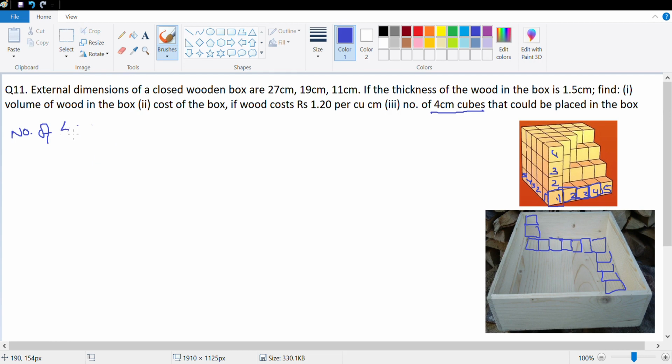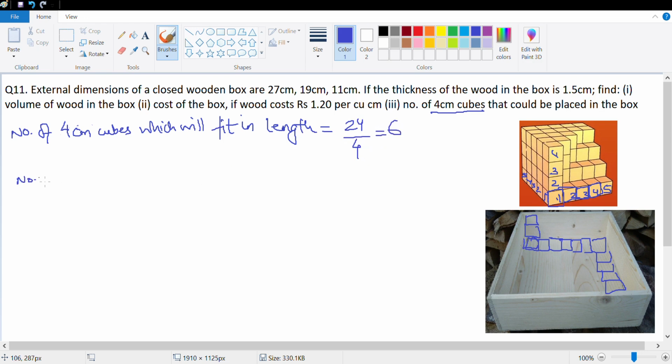So number of 4 centimeter cubes which will fit in length will be, what's the length? Internal length. Internal length we calculated was 24. So 24 is the total length. One is of 4, which means 6 will fit.